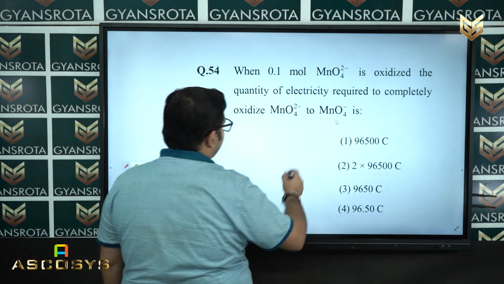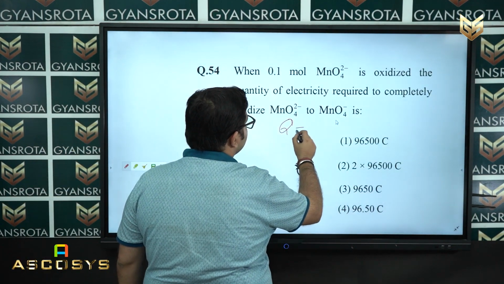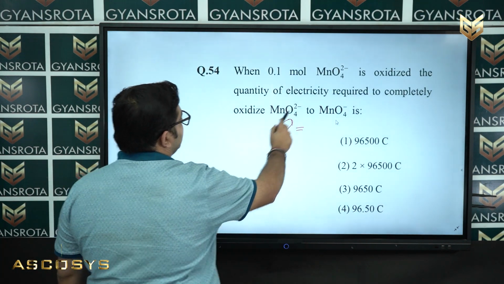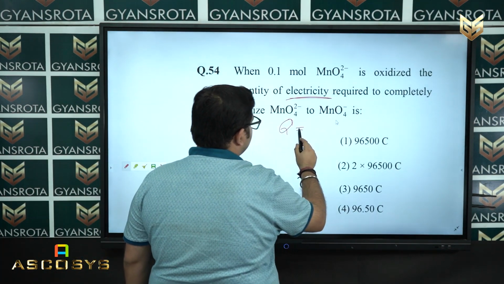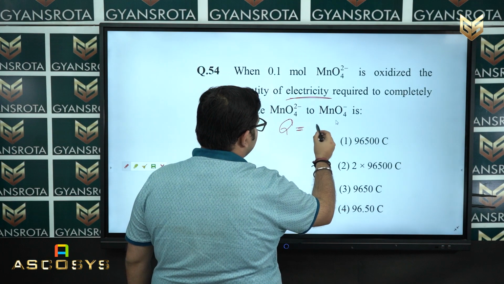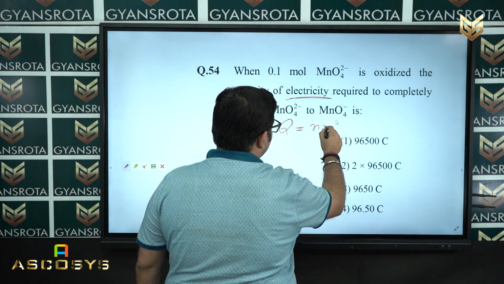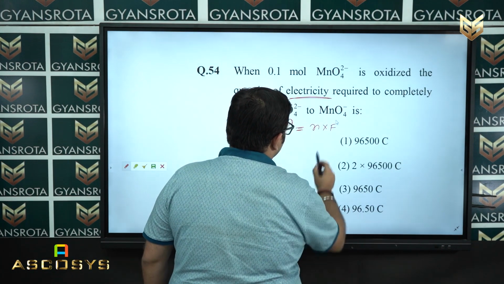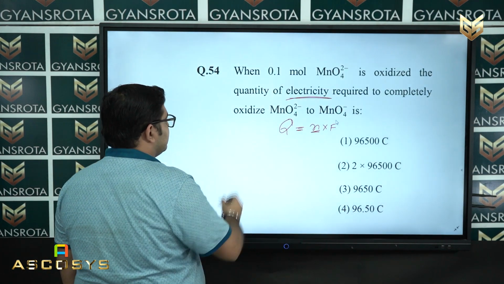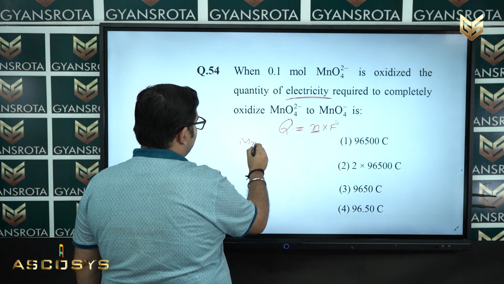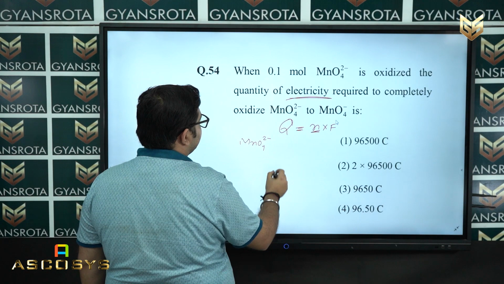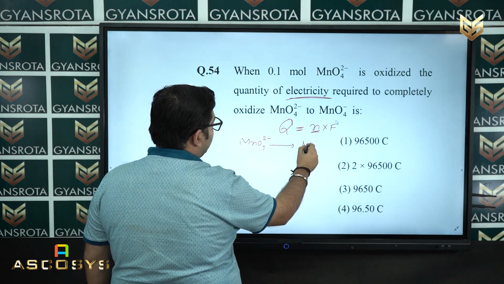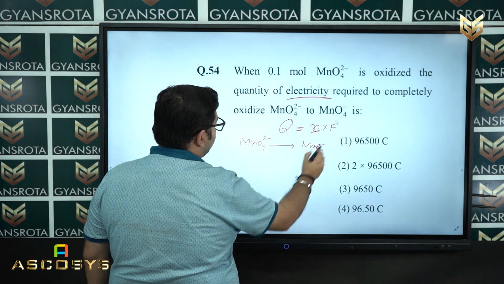Here we are going to use the formula Q is equal to, because they ask about the electricity, and what is the formula for electricity? Q equal to n into F. Now find out n. See, MnO4 2 minus is converted to MnO4 minus.